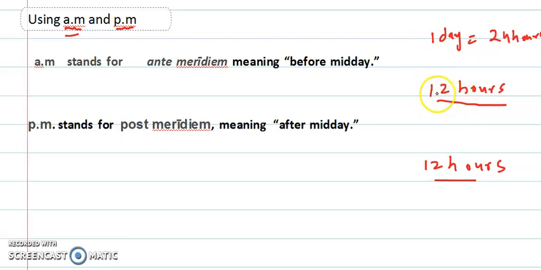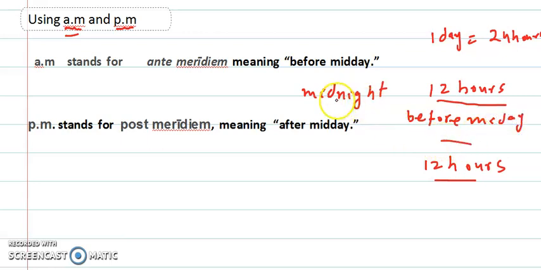The first slot of 12 hours starts at midnight and ends before midday. Now, midnight starts at the 12 of the night and midday starts at the 12 of the day.